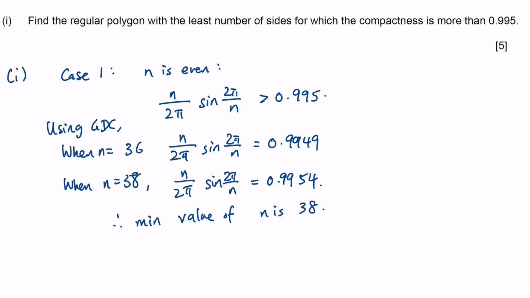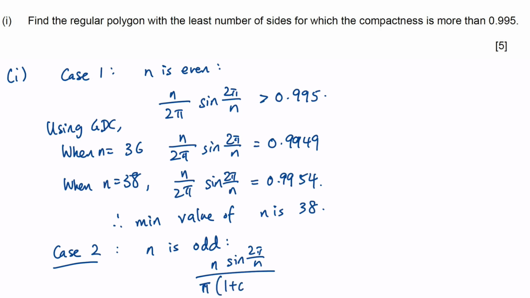Now, what about if n is odd? Let's do that using a similar method. We need to solve n sine 2 pi over n over pi times 1 plus cosine pi over n is more than 0.995.